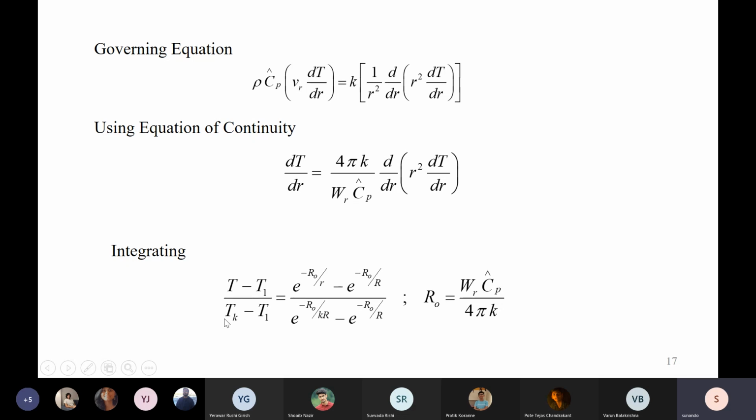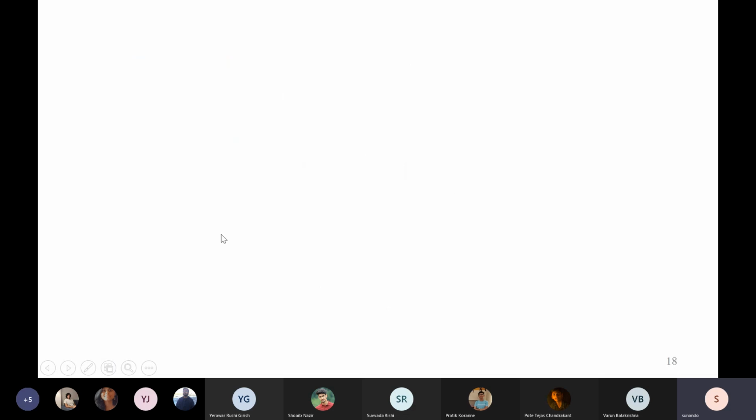At two values of R, the temperatures are known. So it's going to be some sort of an exponential function where R naught is simply Wr Cp by 4 pi K. That's the solution of the equation which you are going to get.